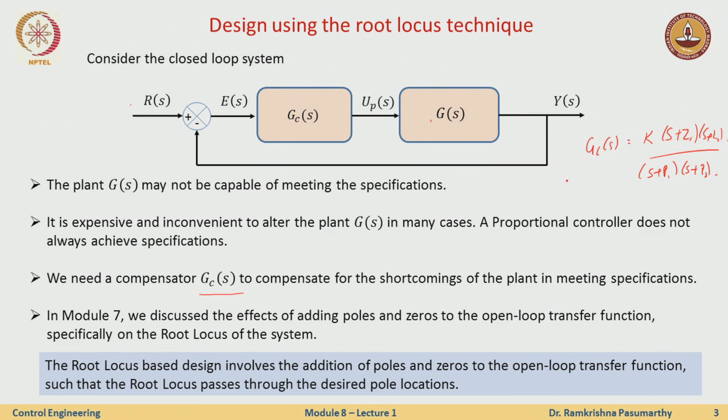Okay, so we had earlier discussed the effects of adding poles and zeros to the open loop transfer function, right? So now how do I make use of the root locus to achieve this desired performance specification? That's what we will analyze, and all this analysis will be in terms of the dominant pole pair.